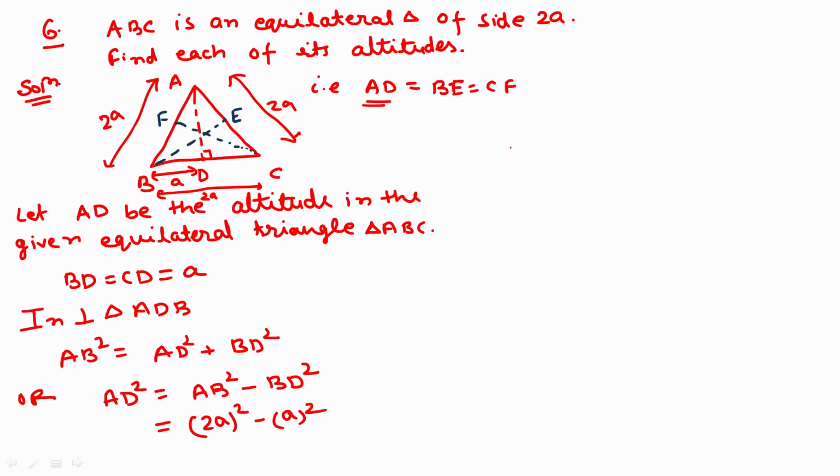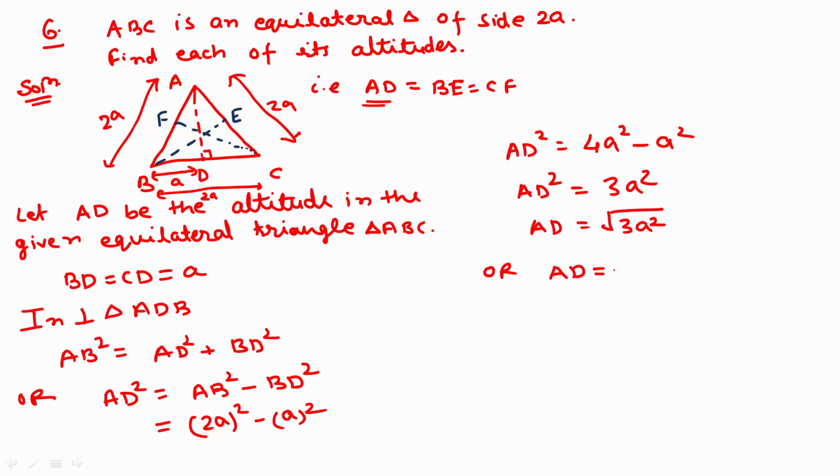So AD square is equal to 4a square minus a square, AD square is equal to 3a square. AD is equal to under root 3a square, or AD is equal to root 3 a units. So AD is equal to BE is equal to CF is equal to root 3 a. This is your answer.